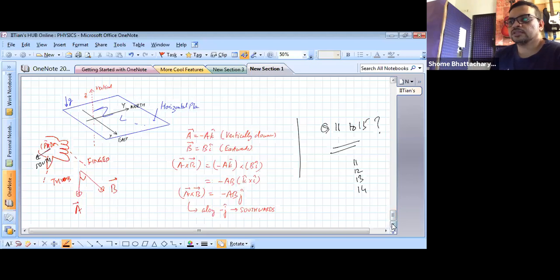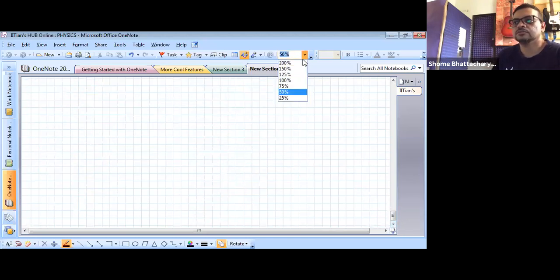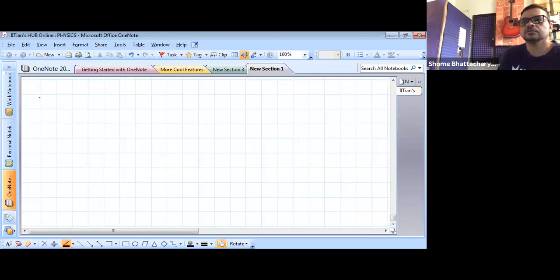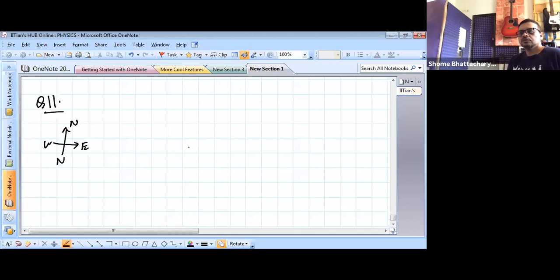Okay, so let's come to question 11 next. The problem is with the direction in the 11th, and I'll explain very soon how to resolve the question. In question 11, what is happening is that a particle is moving eastwards and changes direction to northwards in 10 seconds. So if you take this as a north, south, east, west direction, the initial velocity is towards east.